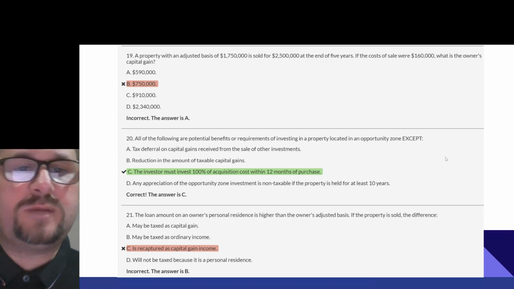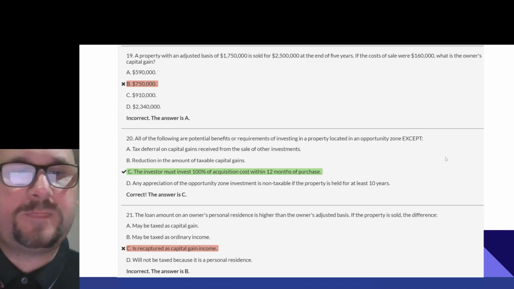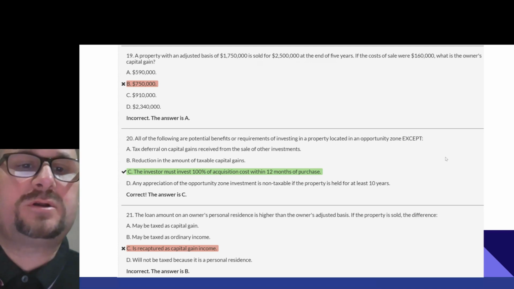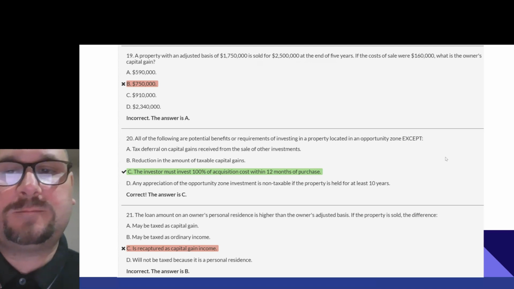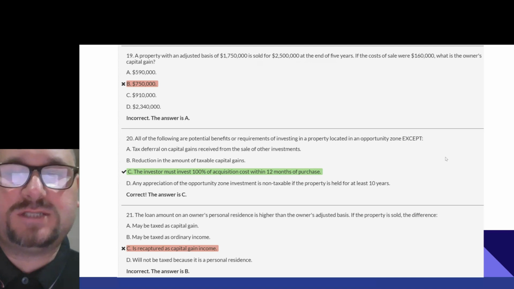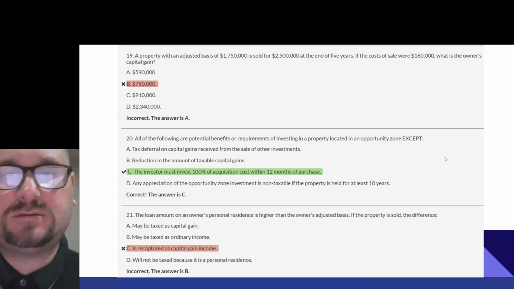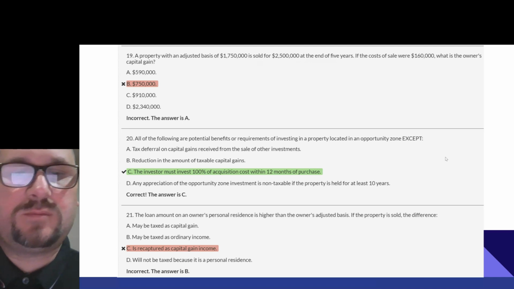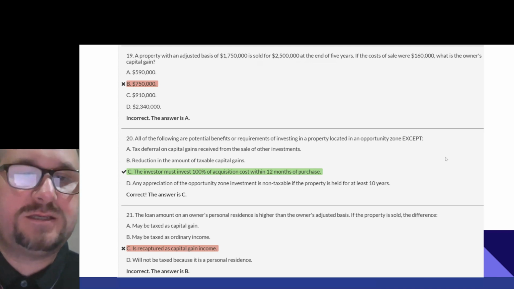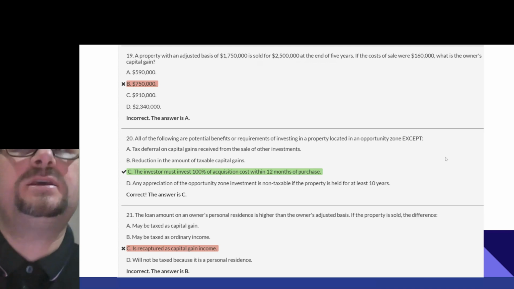21, the loan amount on an owner's personal residence is higher than the owner's adjusted basis. If the property is sold, the difference, bravo, may be taxed as ordinary income.